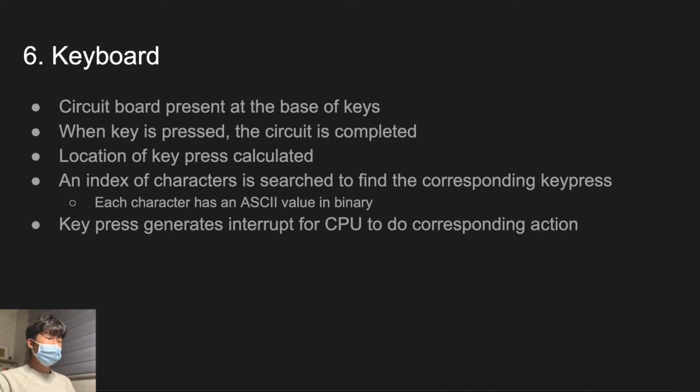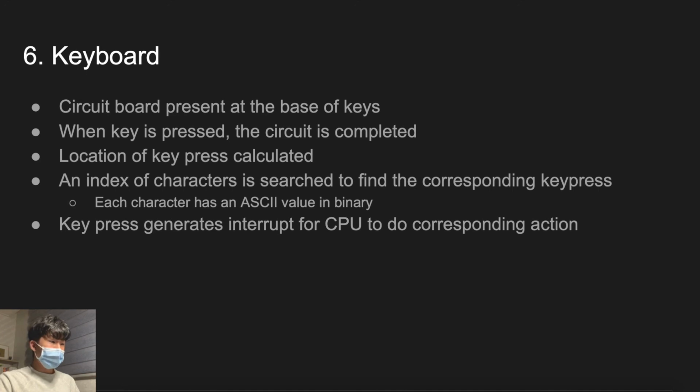So for example, there is a key with the letter A on it. If you press that specific A button, the computer will try to find the actual character A in the database. Each character has an ASCII value, which then has a binary value.